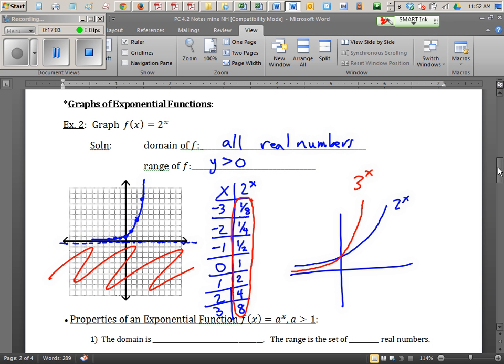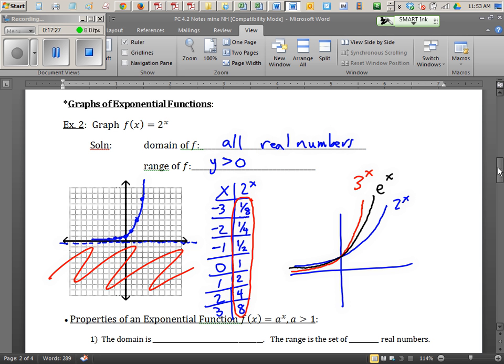Okay? And e to the x is the third one you have to know for this class. It's between them. And the reason for that is e is a number right around 2.718. Okay, so the graph is going to fall right in between 2 to the x and 3 to the x. You kind of need to know these 3 graphs. Okay? And you'll need a note card for each one.